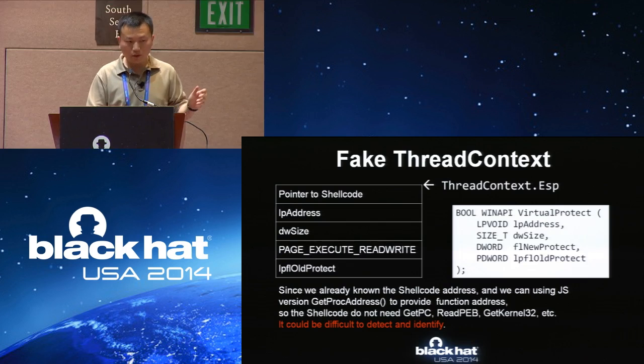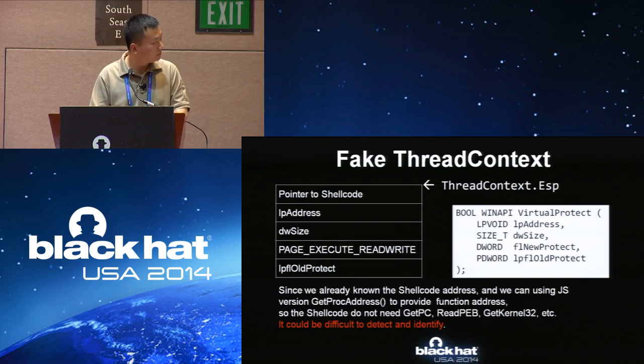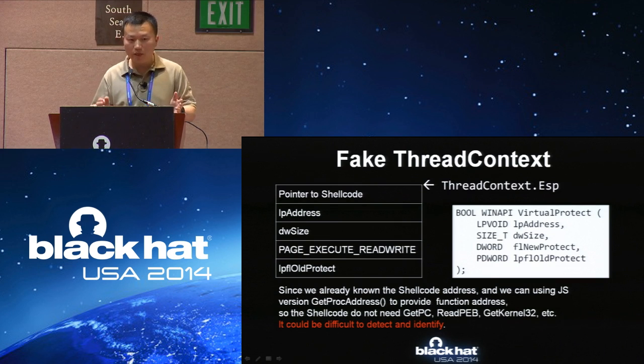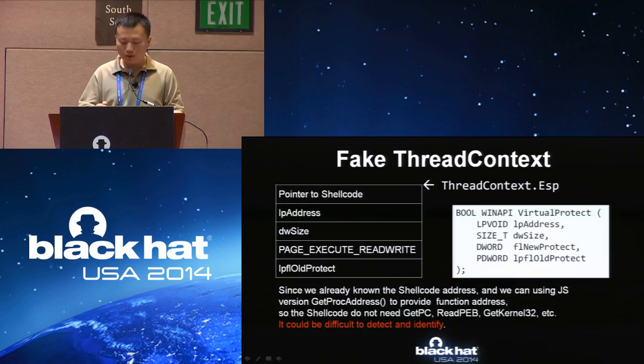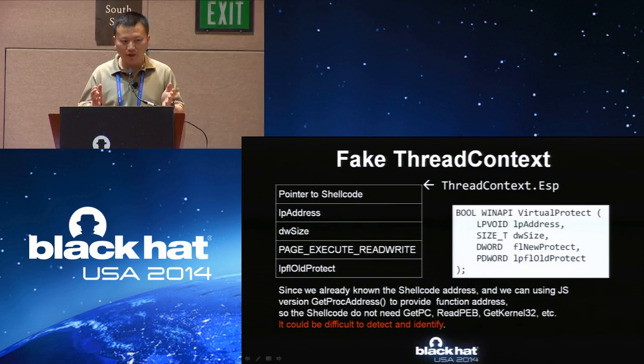Let's make it more clear. This is the fake thread context. Here is the ESP. In this case, we set EIP to VirtualProtect and set ESP to a fake stack.